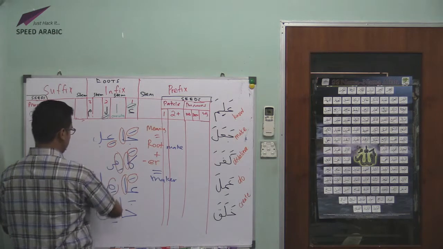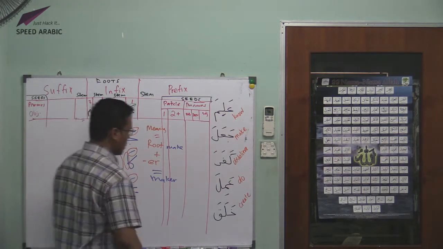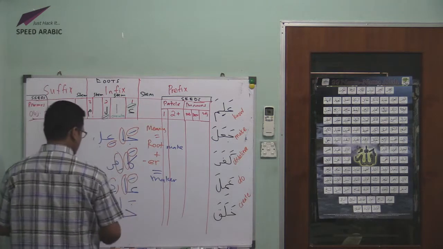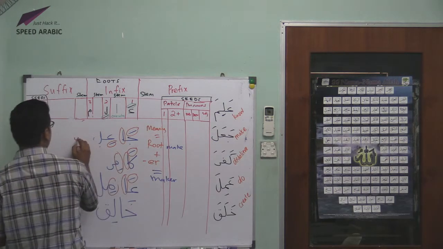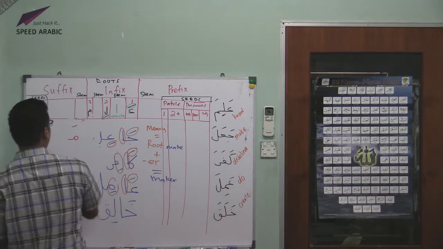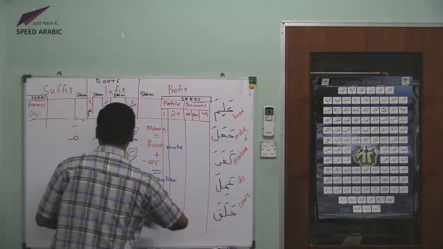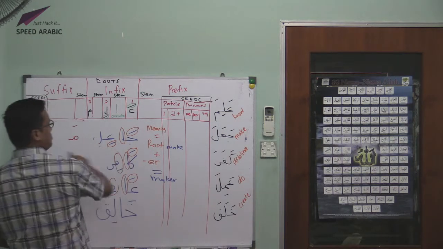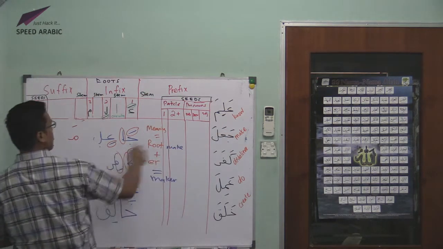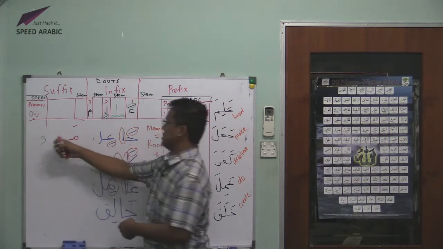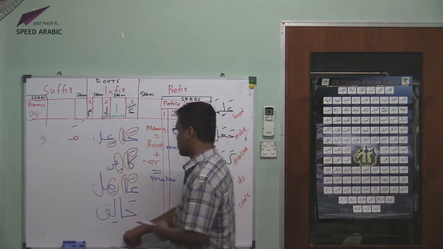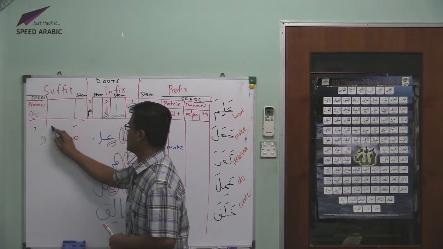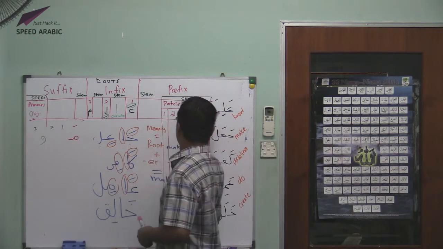The second most frequent form is when you put a meem in front and waw at the back. Can you put the alima inside here? What does it become? So this is the third root, the second root, and the first root. What's the first root here?